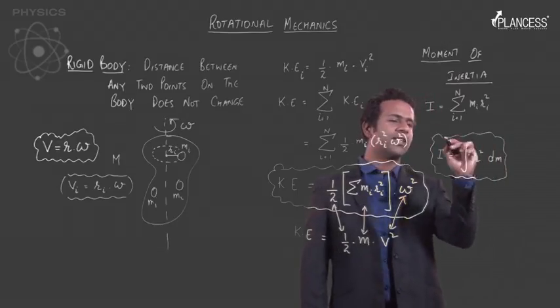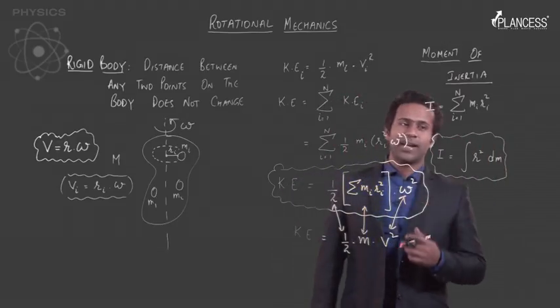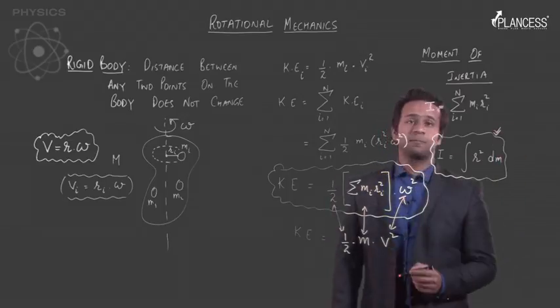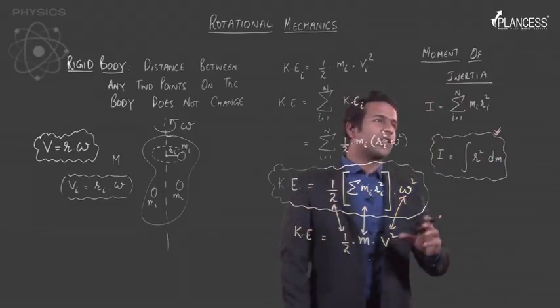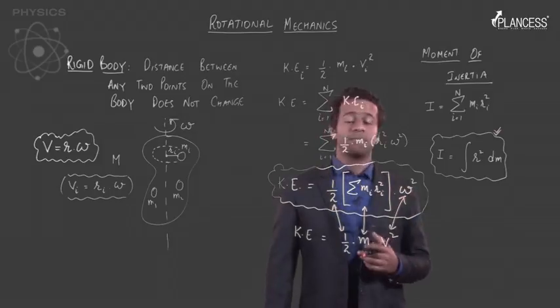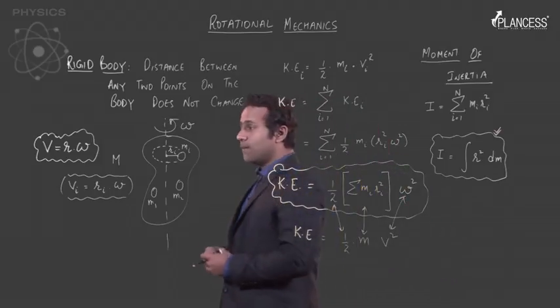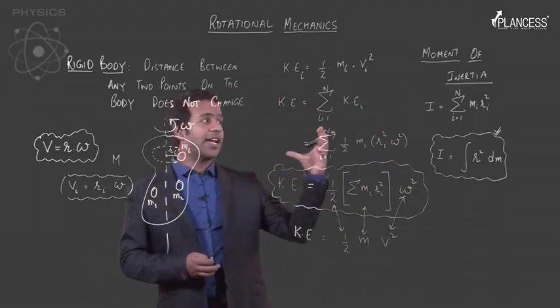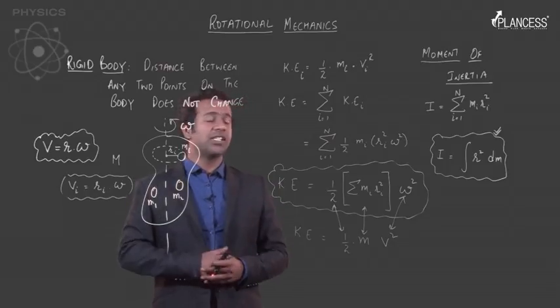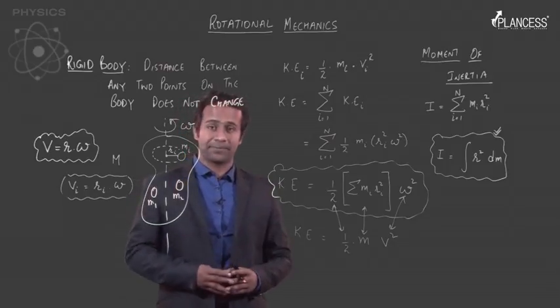So this is what the term would look like if you were to integrate. We'll come back to this later. Right now, let's only focus our attention at this term where we are defining moment of inertia of a collection of particles, a summation of mi Ri square.